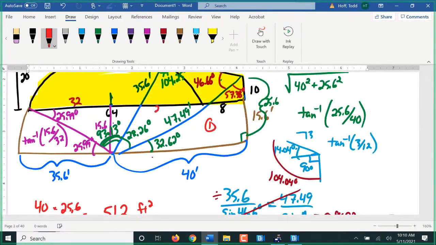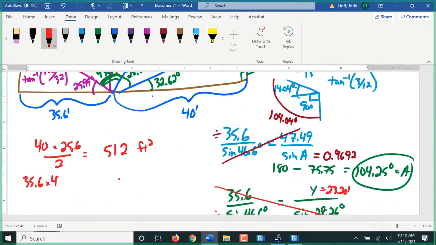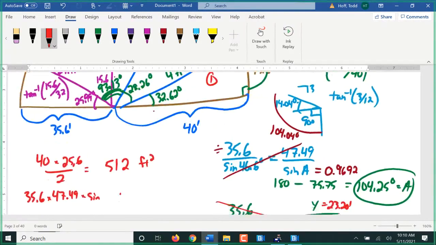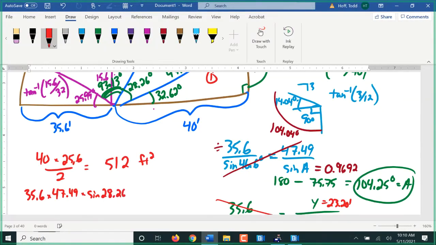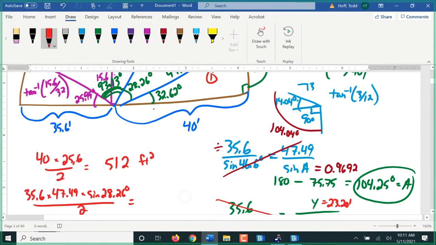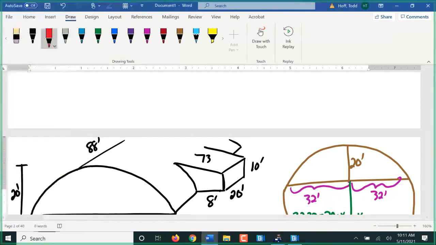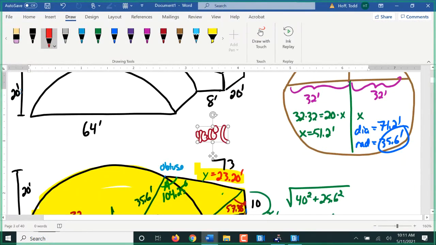Next, we have this piece here, piece 2, which will be 35.6 times 47.49 times the sine of 28.26 degrees divided by 2. It was 400.24 square feet for that.